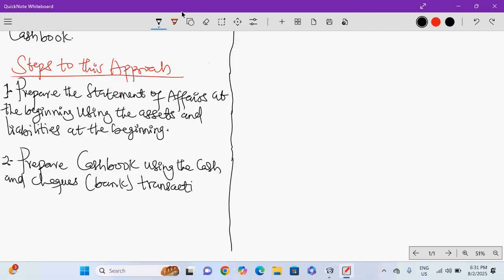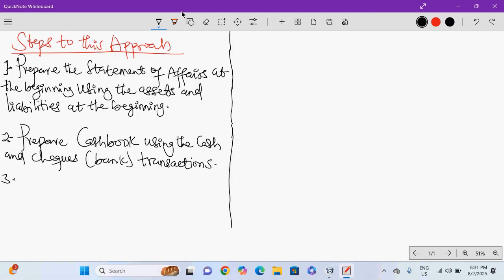The last time when we were solving not-for-profit making organization, we saw that in one of the questions we were given the receipt and payment, so we skipped step 2 and moved towards step 3. So you prepare the cash book using the cash and bank transactions; if it has been given, we skip and move to the next one.